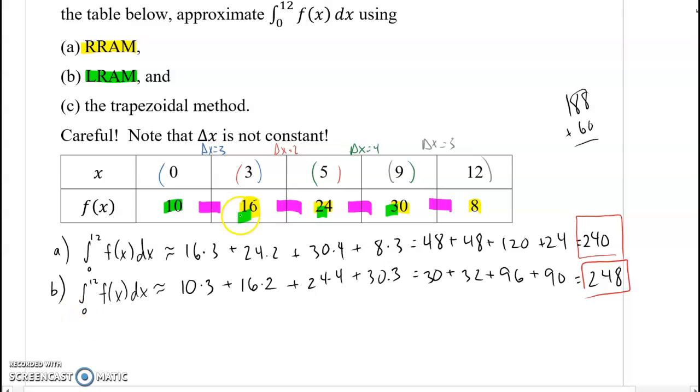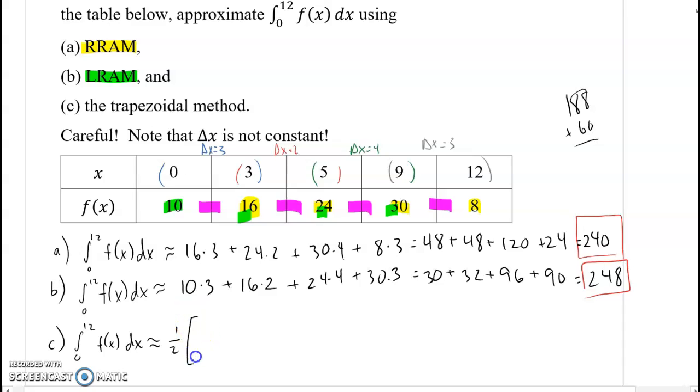And just like we saw in that first example, the middle three values of 16, 24, and 30 will get used twice. The endpoints of 10 and 8 will only get used once because those are only heights of one trapezoid each, right? The 10 is the left edge of the left trapezoid, and the 8 is the right edge of the right trapezoid. So there aren't any shared sides with the 10 or the 8. But we're still going to have a 1/2 for each and every single one of these.